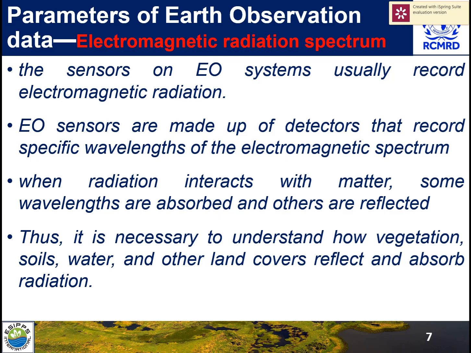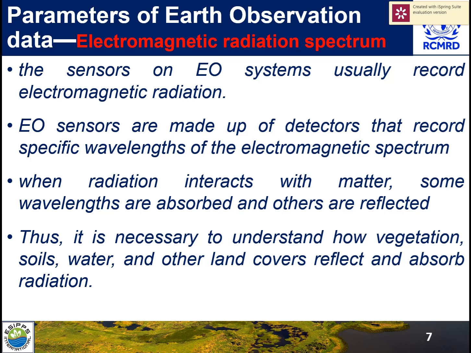So in the first slides, we mentioned that the sun gives out electromagnetic radiation, which interacts with the objects on the surface of the Earth. And this information or the radiation is collected, or recorded, by the EO systems.